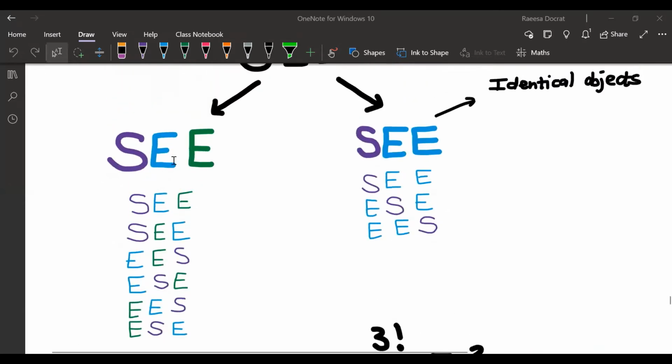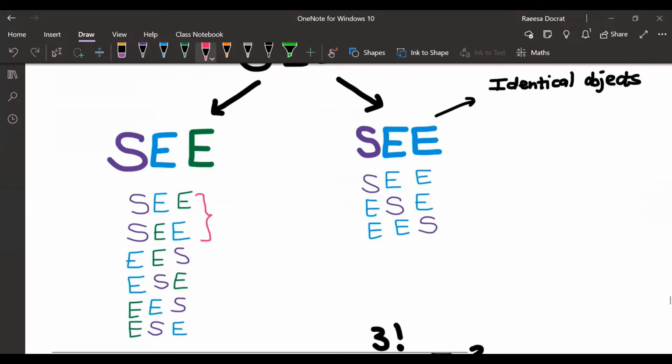The reason why we get 6 ways is because the 2 E's are considered to be different from each other. So it considers the blue E and the green E being in different positions as different words.